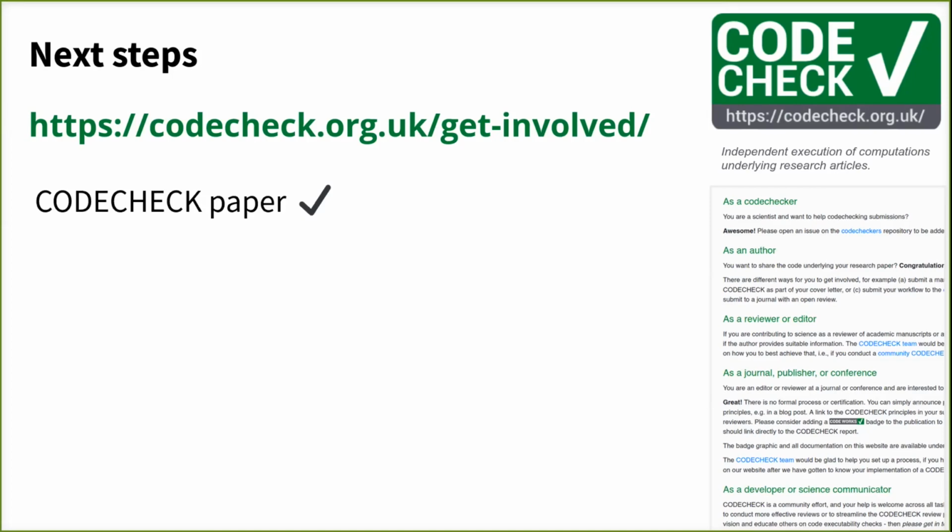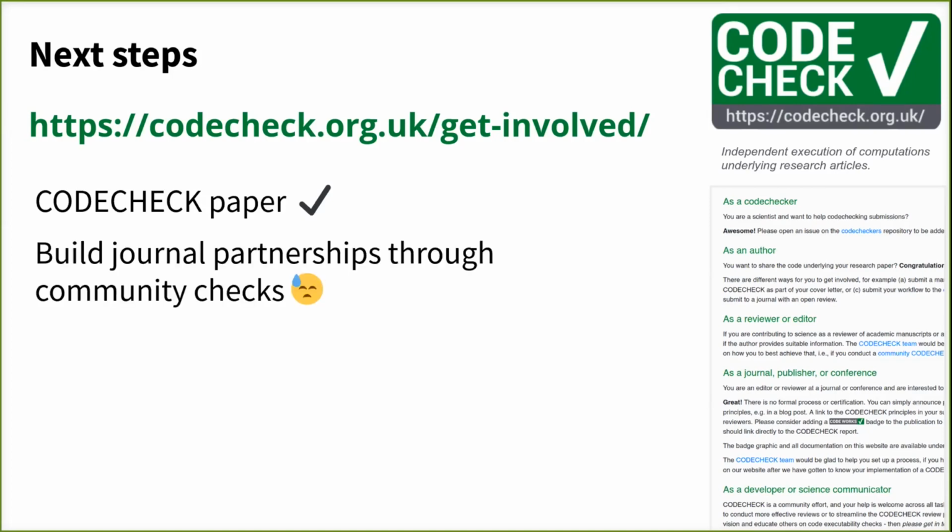So we have written a paper about our ideas, but the next step, and that's really a tough one, is that we are looking to build partnerships with journals so that CodeCheck becomes part of publishers' workflows, which is really hard to do. And you can read more about what we've achieved and what the problems there are in our paper.